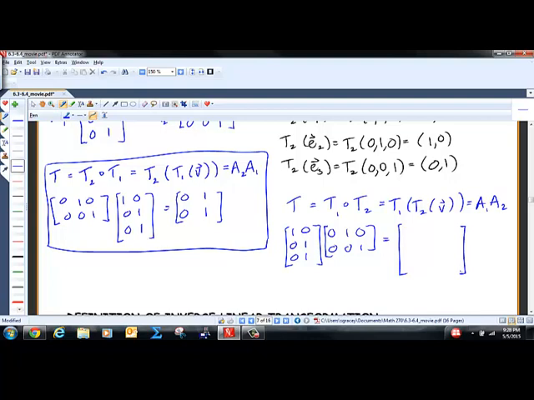All right, so again, doing it real quick. Remember, it's first row times first column. So 1 times 0 plus 0 times 0 is 0. And then to get the component to the right, we'll be doing 1 times 1 plus 0 times 0 is 1. And then to get the third one over, we'll have 1 times 0, 0 times 1 is 0.